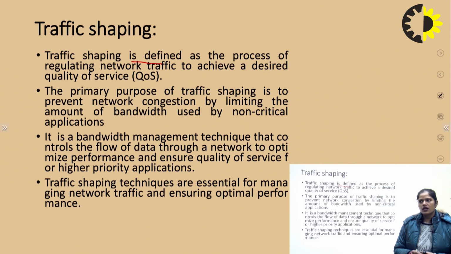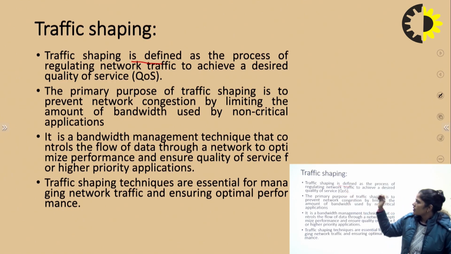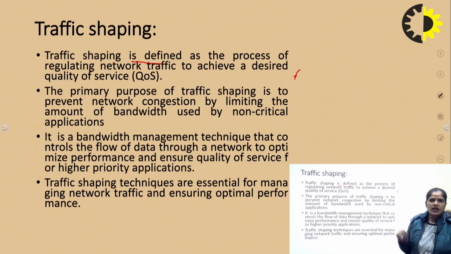Because if data transmission is going smoothly without any congestion, without flow control or mismatching of flow, then the network may achieve the quality of service, because the performance is high, there is no congestion, no requirement of flow control, no delay and no traffic shaping needed in that situation.